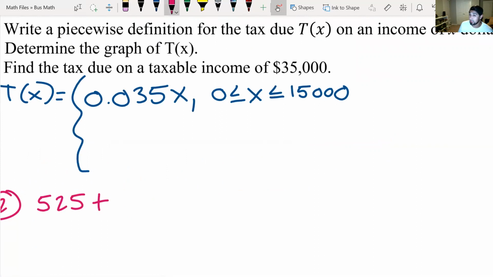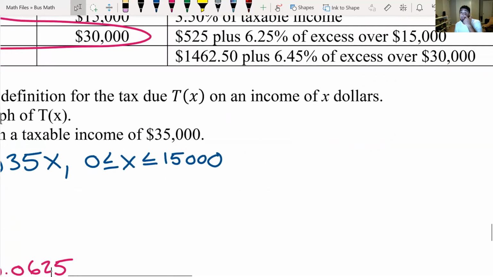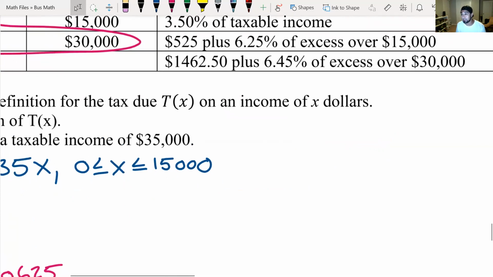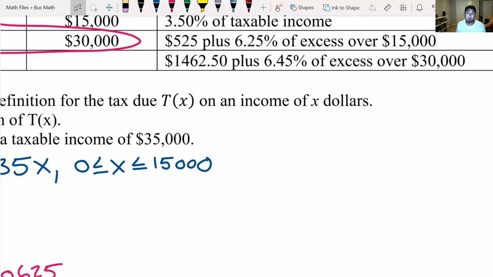So always convert to decimal. 0.0625 on any money over $15,000. On any money over $15,000.